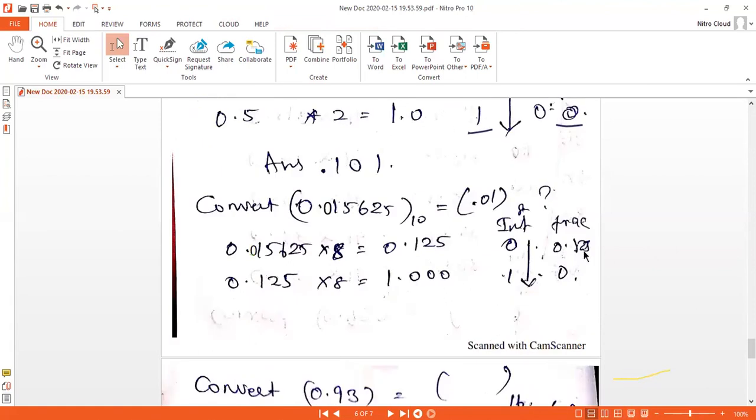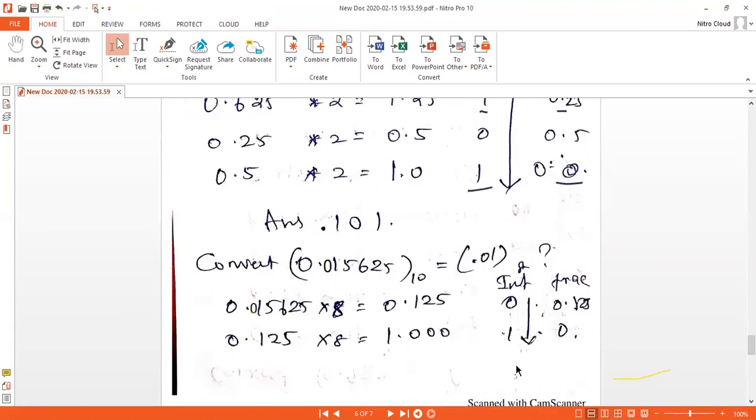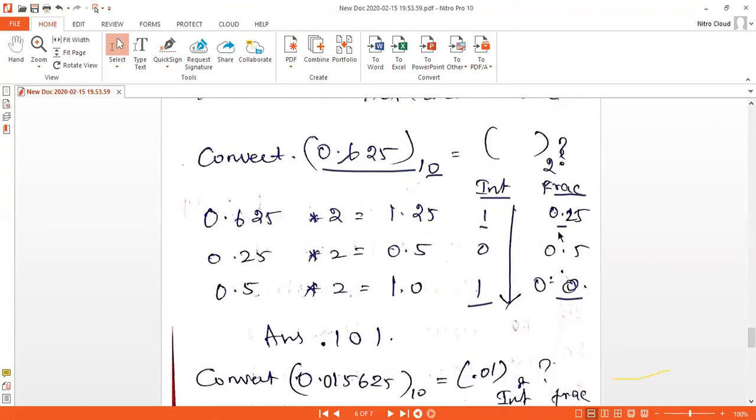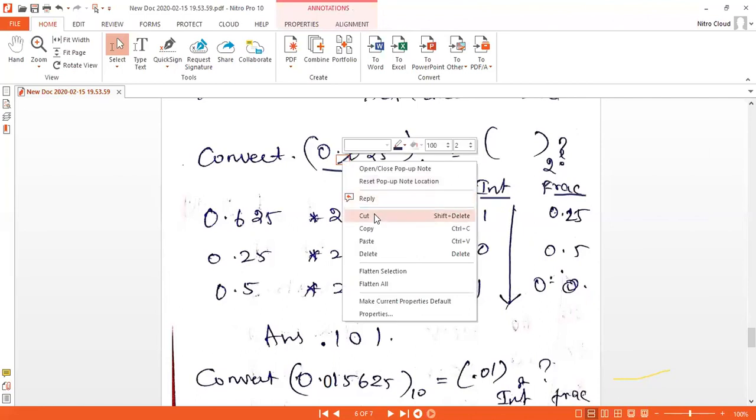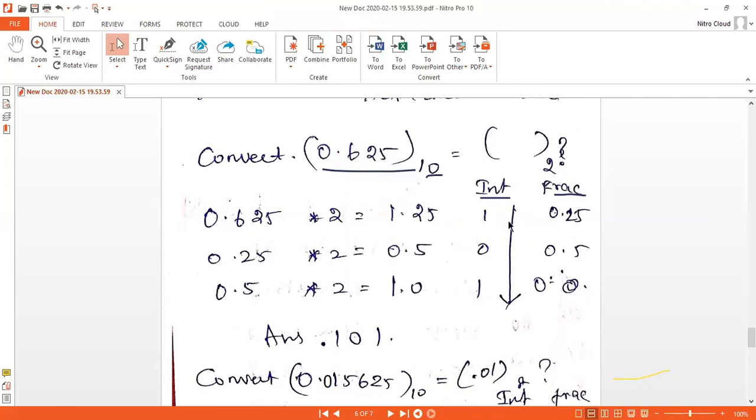Sir, when the decimal comes, do we have to write the answer also as 0.01 like that, sir? I'm not getting you, ma'am. When we find in the binary system 1, 0, 1, so on, we have to write 0.101 like that. From the top to bottom, you have to write.